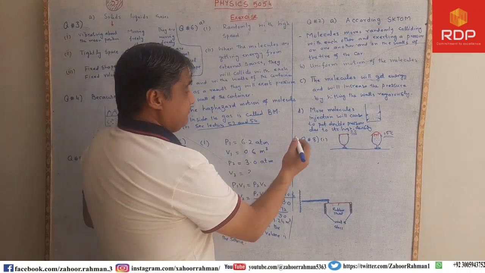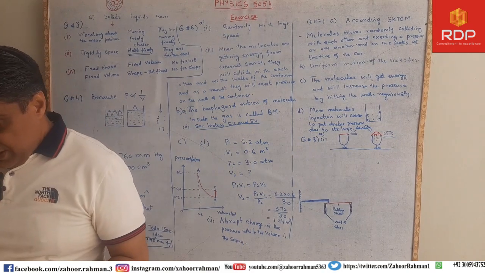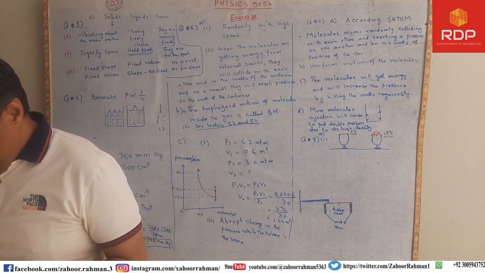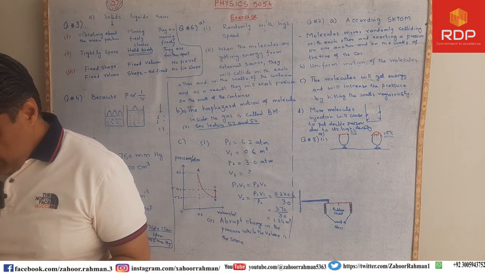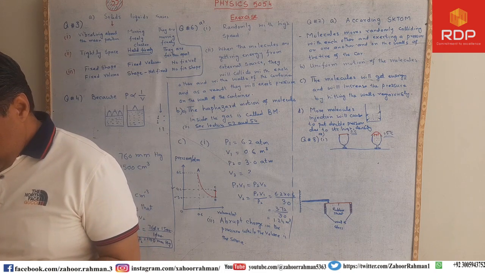Now the second part is saying, account for the change in equilibrium position of the rubber sheet.